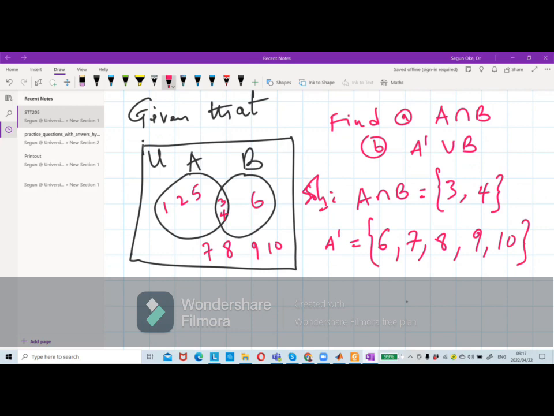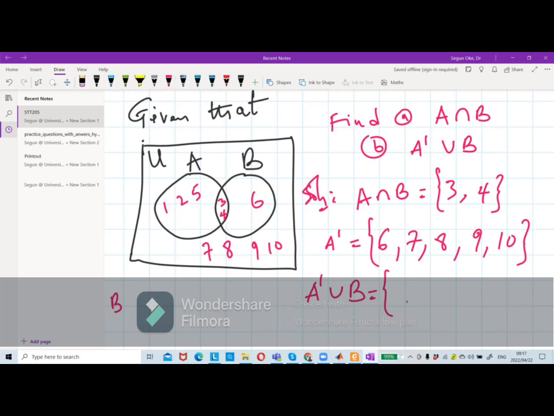So meaning A prime union B can now be written as, we have B already. What is our B? That means we also need to get our B out. Number of B is what? Anybody? So define your B. I'll leave it for you.